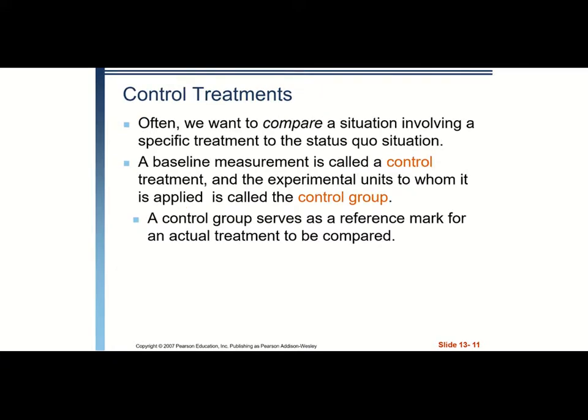Now, the first principle of experimental design was control, and that was about minimizing external sources of variation, so the only differences in our response variable can be attributed to the factor that we're manipulating. A lot of times the way that we'll do this is by having a control treatment, which we'll refer to as a control group.